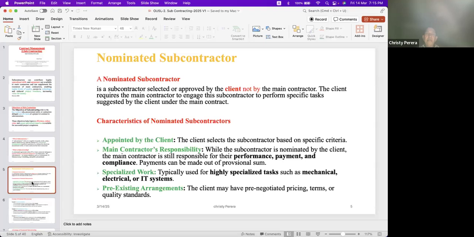Nominated subcontractor is also a subcontractor, selected or approved by the client, not by the main contractor. The client requires the main contractor to engage the subcontractor to perform specific tasks suggested by the client under the main contract.